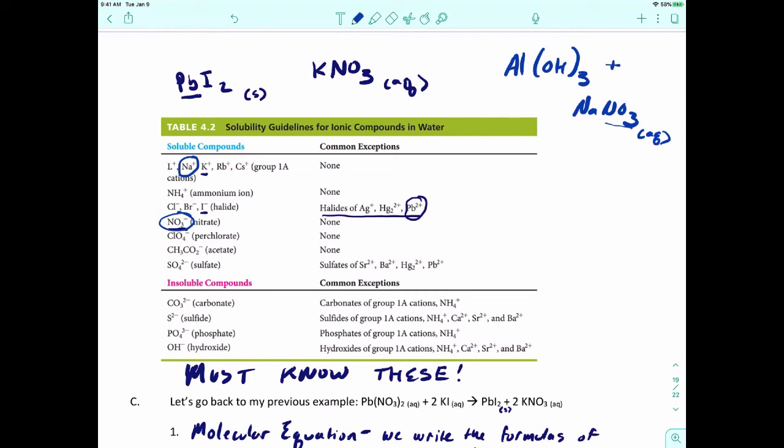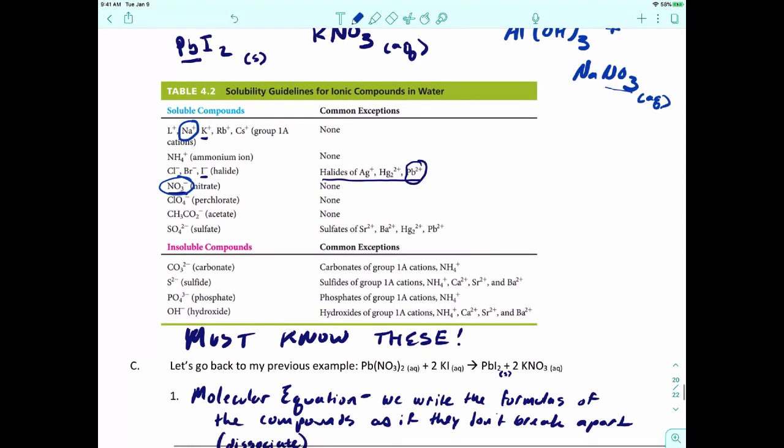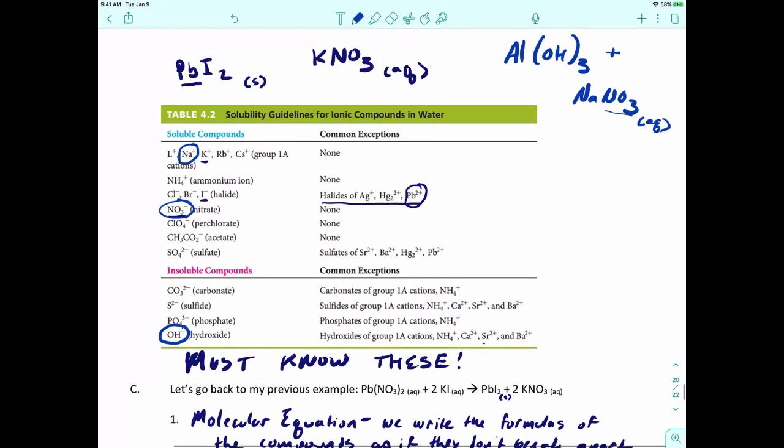For insoluble compounds, the rules there: hydroxide ions are insoluble except for hydroxides of group 1 cations, NH4+, Ca2+, Sr2+, and Ba2+. Aluminum is family 3A, so that doesn't fall here. So this has to be insoluble.